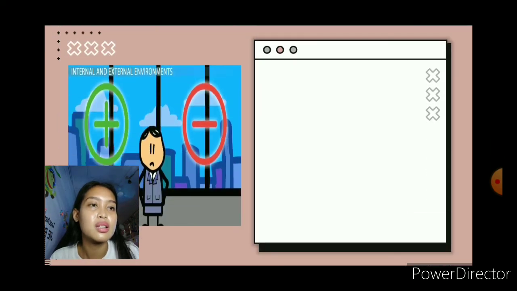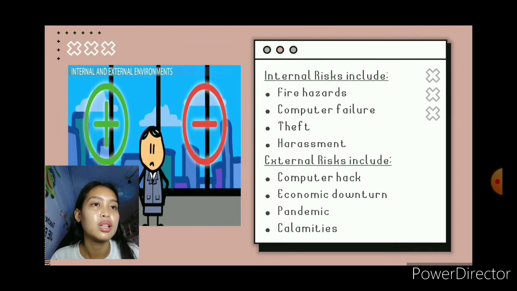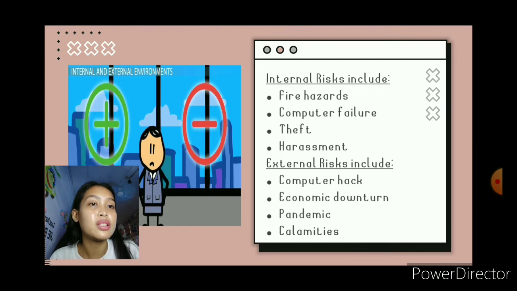This is what I'm talking about, the internal risk and the external risk. So these are the fire hazard, computer failure, theft, and harassment in the internal aspect, while in the external, computer hack, economic downturn, pandemic, and calamities.